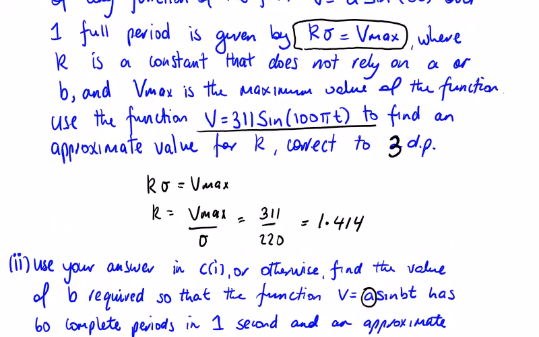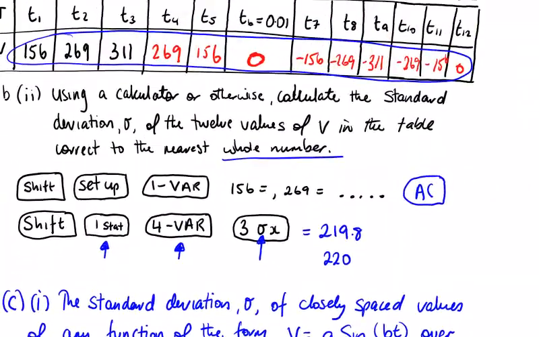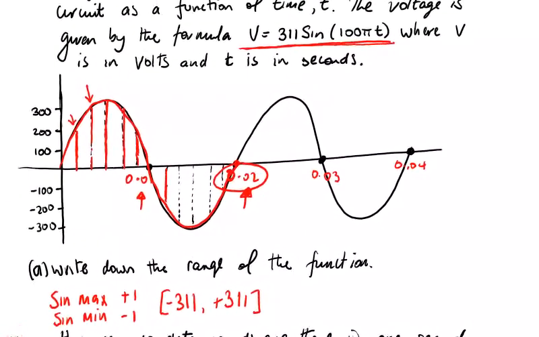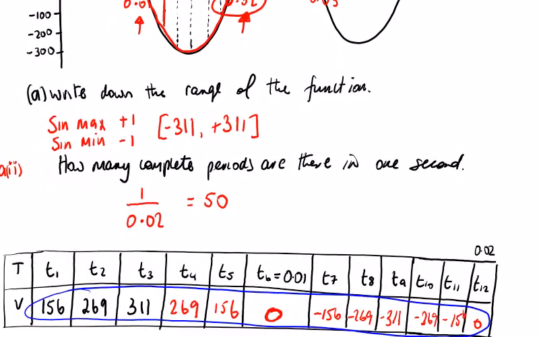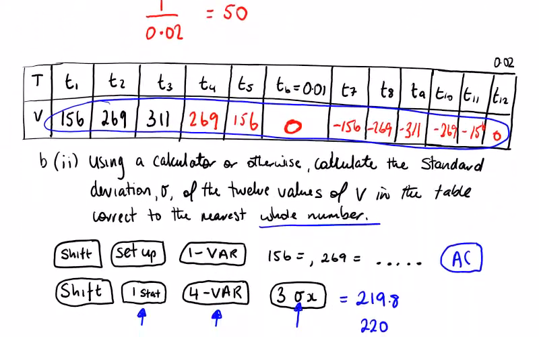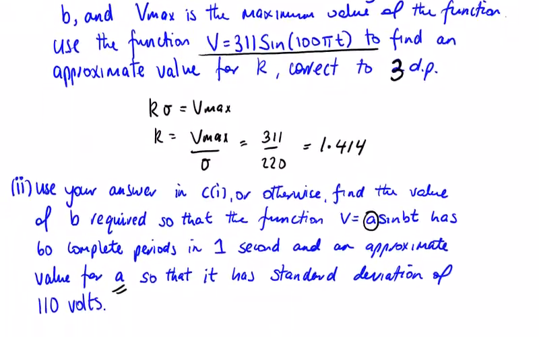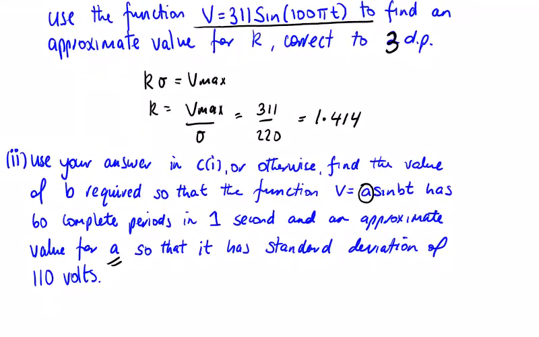Okay, we had 50 full periods in the previous one, so we look at our function. 311 sine 100 pi t. So that had 50 full periods. So 100 pi, this is my b value.